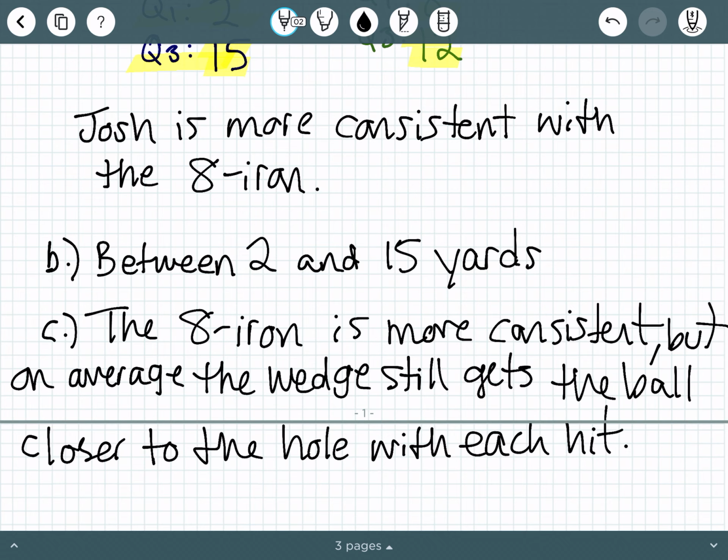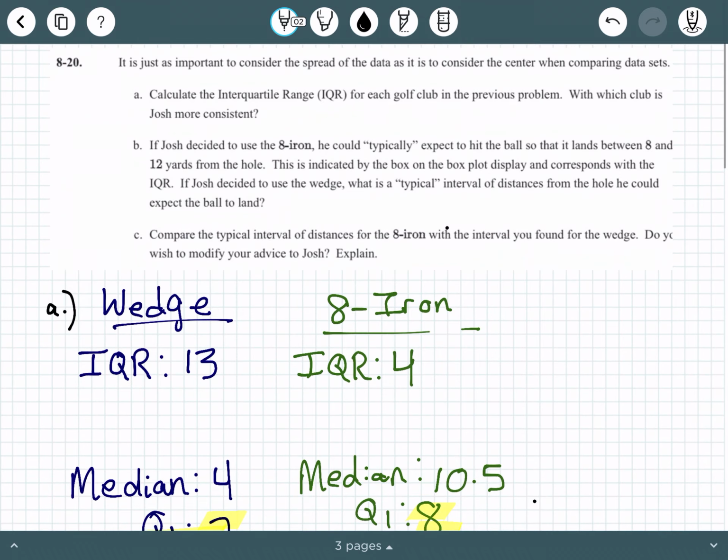So I guess in this case, it really just depends for Josh. Which is more important, consistency or possibly being able to get the ball closer to the hole? All right, and this is all for 820.